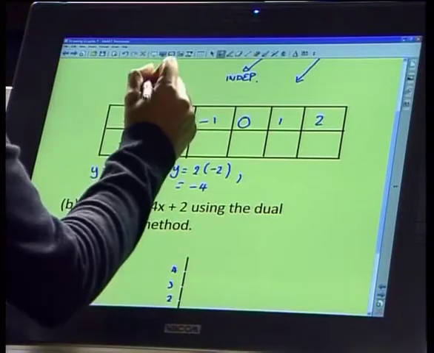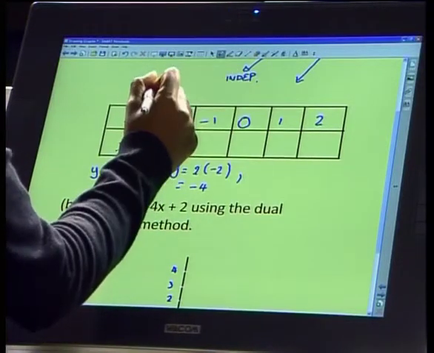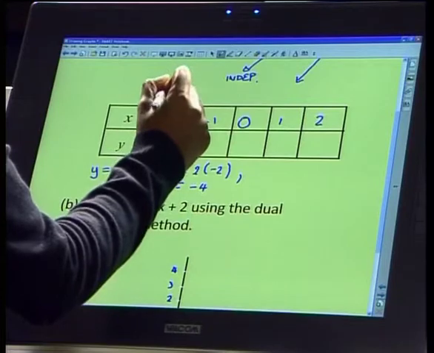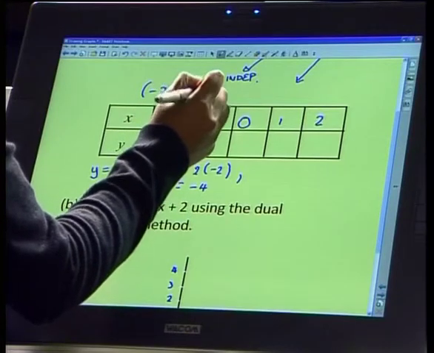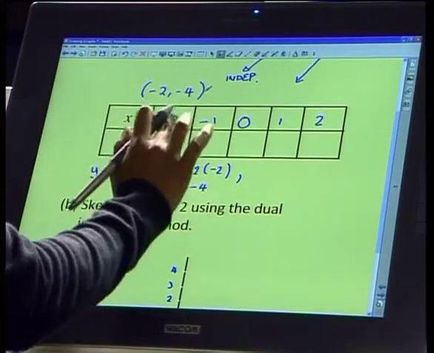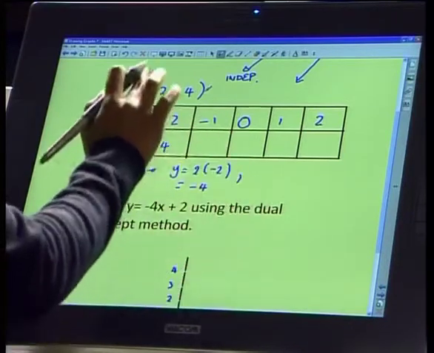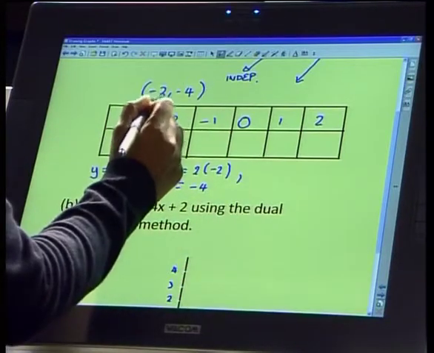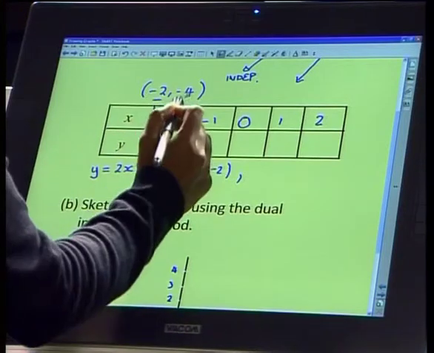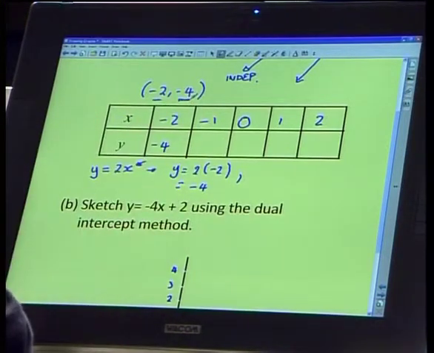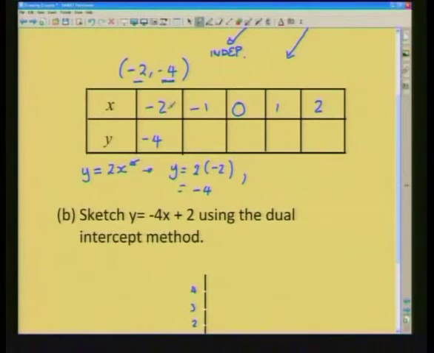Now just while we're on that as well, we have something called coordinates or ordered pairs. That is the way that we use brackets to write the set of x and y values. The first value always represents your x value, and the second value always represents your y value. So the point minus 2, minus 4, I can represent as, in brackets, the coordinate minus 2, minus 4, which means the x value is minus 2, the y value is minus 4.